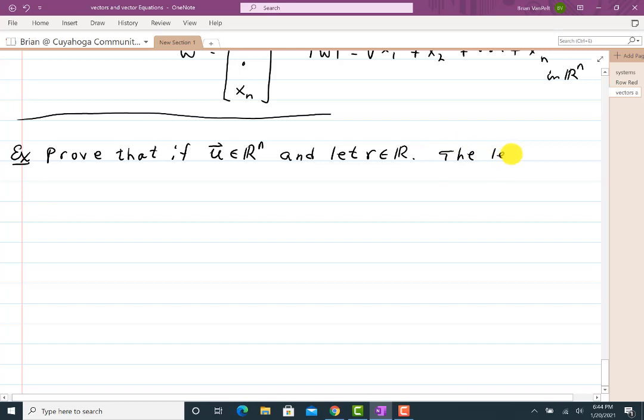The length of r times u is the absolute value of r times the length of u.